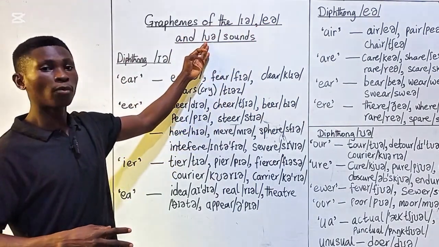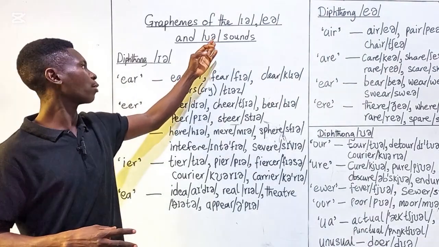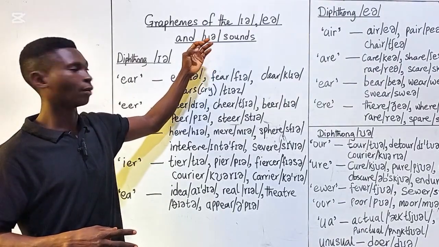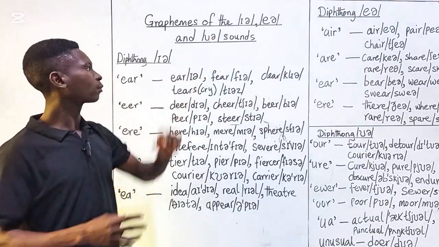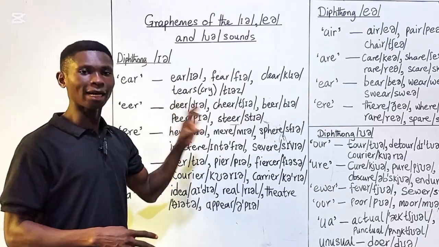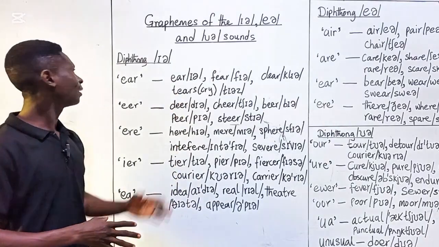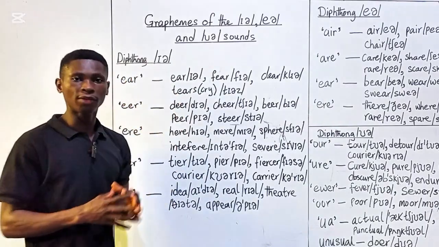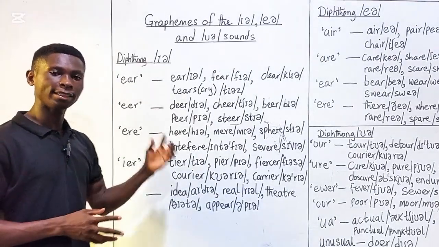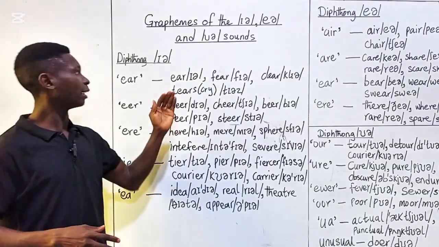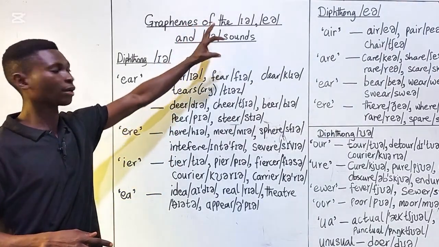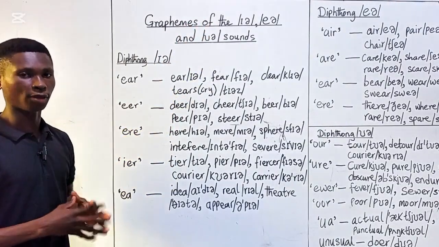You begin this from where you have the U sound to where you have the schwa sound. You have or. All right. So let's look now at the graphemes, or the letters of the alphabet, that can represent each of these three centering diphthongs.